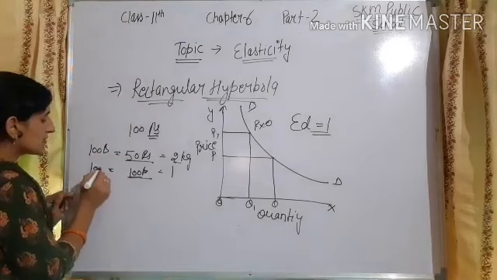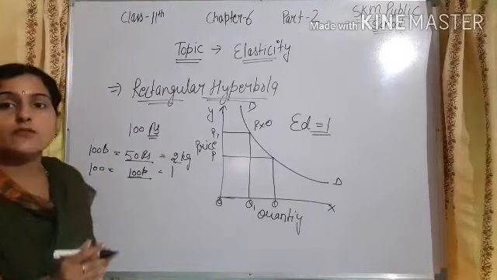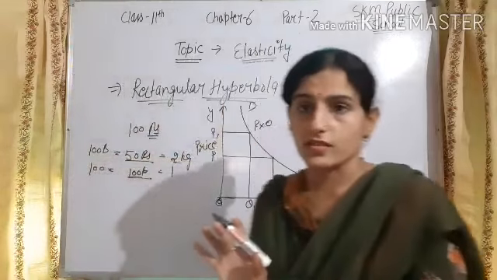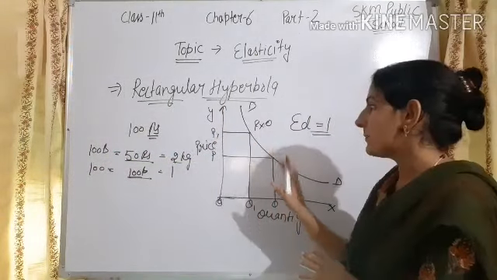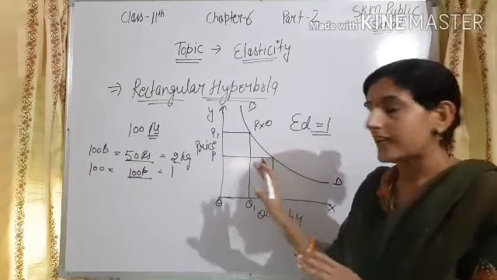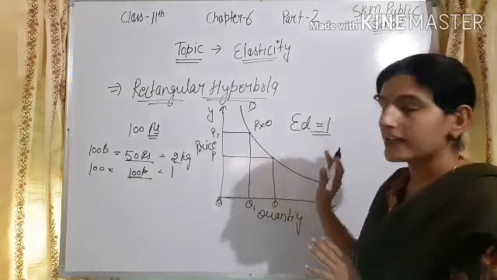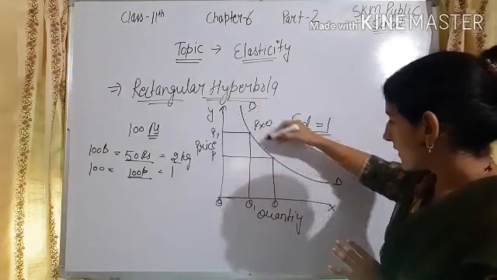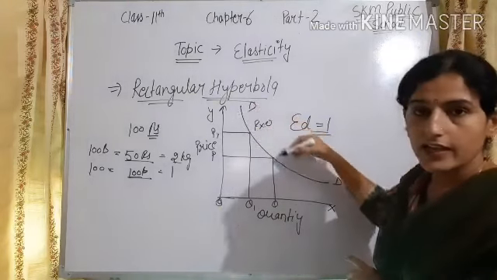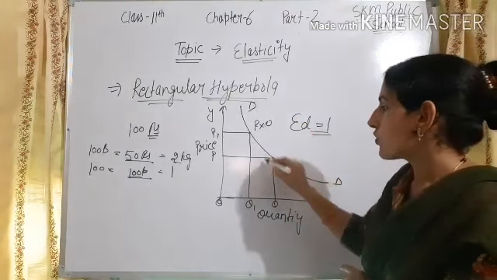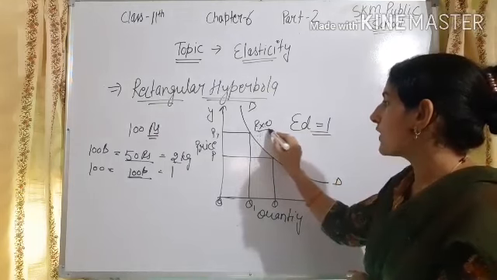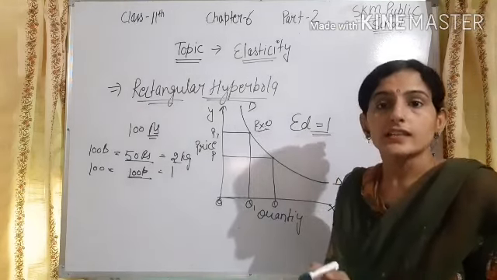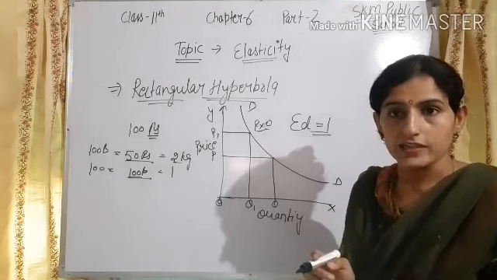If the price increases, we decrease quantity, but total expenditure remains constant. The area under this rectangular hyperbola demand curve shows total expenditure, which is P into Q. If we multiply price by quantity, we get the total expenditure.